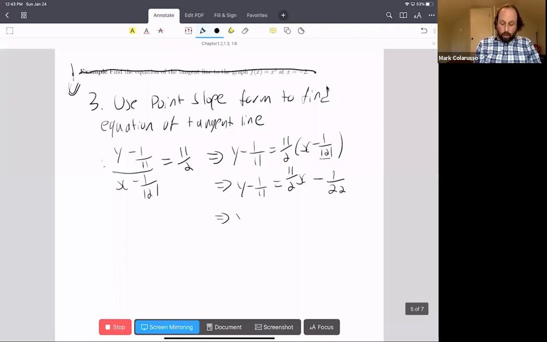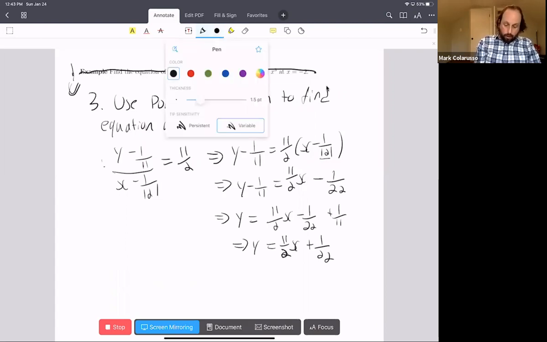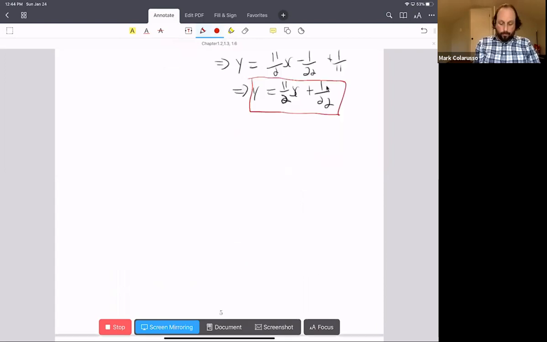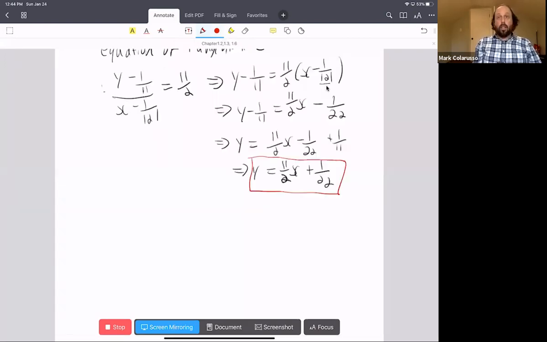So y equals 11 over 2 x minus 1 over 22 plus 1/11. So in the end, this is 11 over 2 x, and 1/11 is 2 over 22, so this is actually plus 1 over 22. Whew.